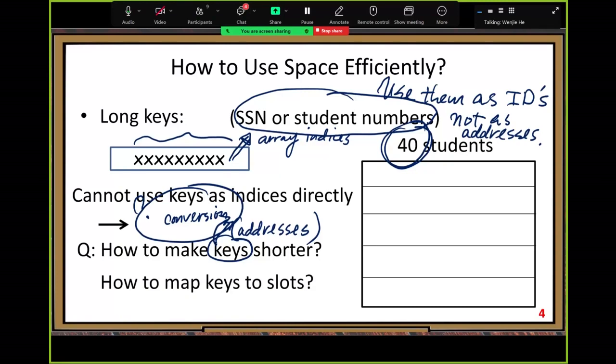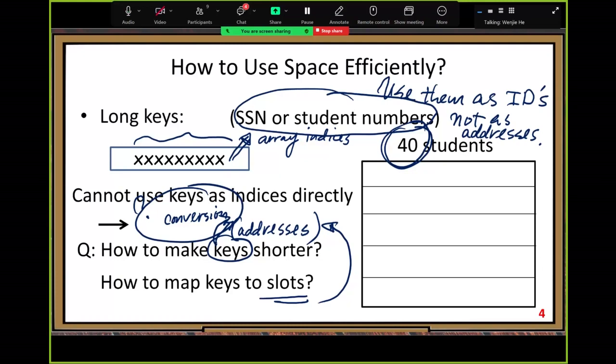The criteria. How to map keys to slots. Slots here means addresses. We have some storage data structure. You need to create a new storage data structure, and there are a certain number of slots in the data structure.